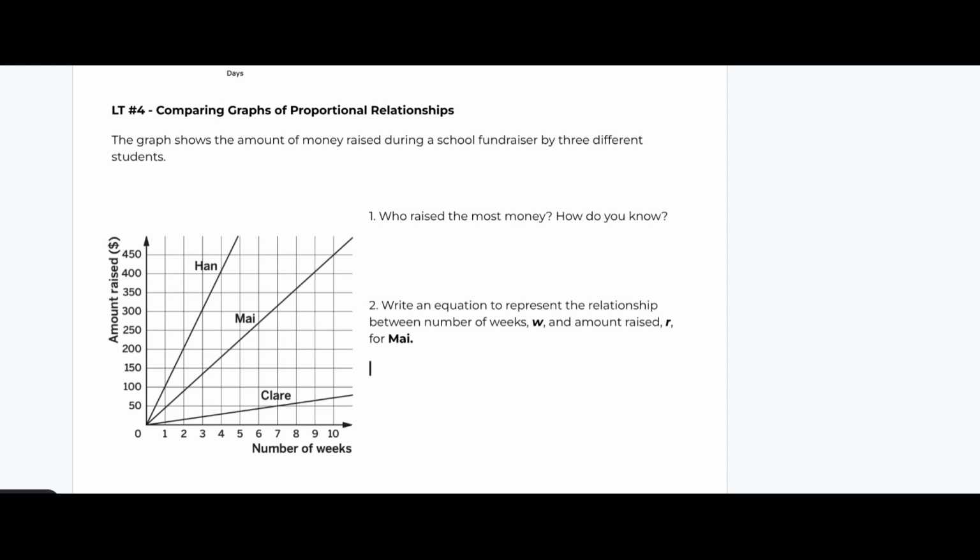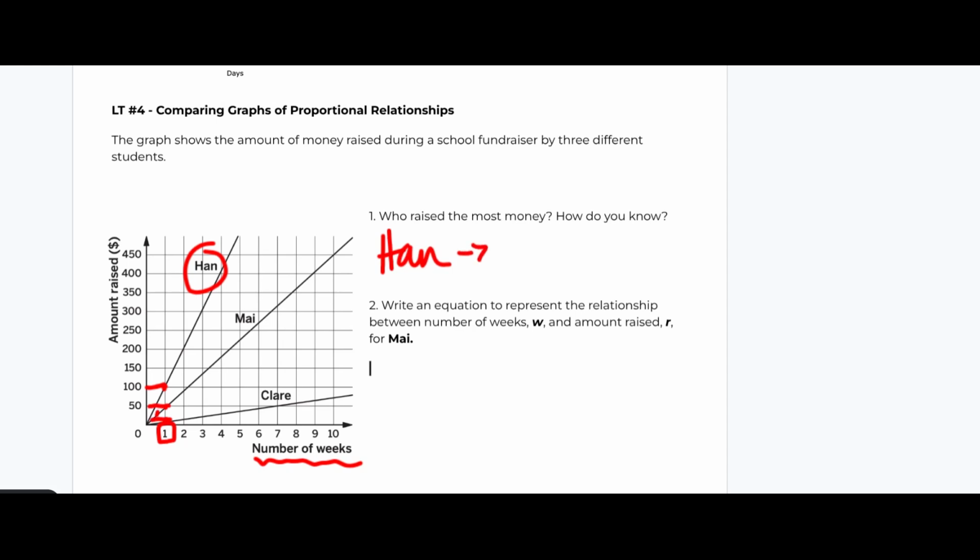So if we're talking about who's raising the most after a certain number of weeks, well, you can compare who raised the most each week. You've got a dot here, a dot here. It's easy to see that Han here has the most money raised at 1 week, okay? How do you know?